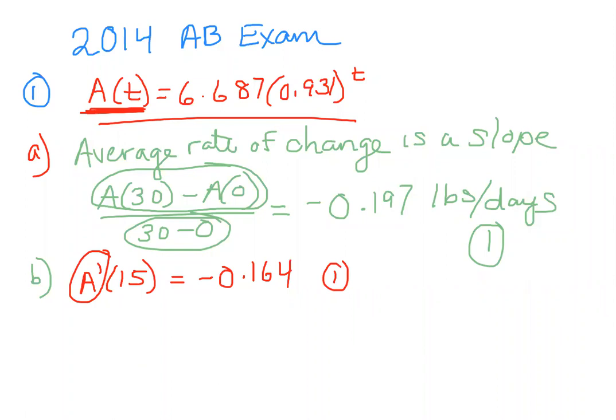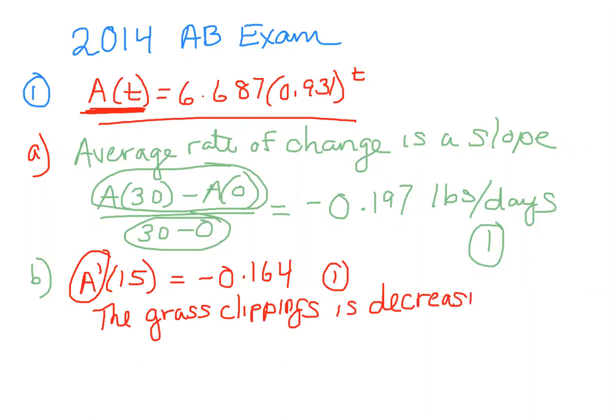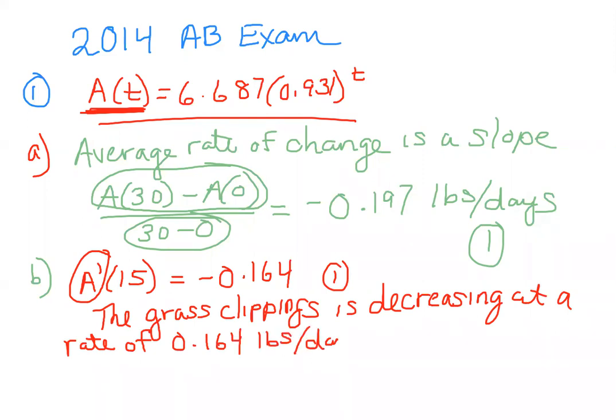So A prime of 15 is, you could say, the amount of grass clippings is decreasing at a rate of 0.164 pounds per day at t equals 15 days.